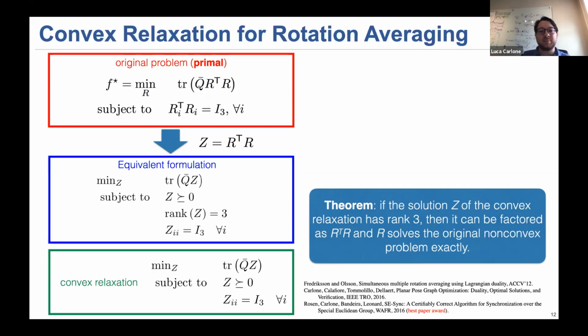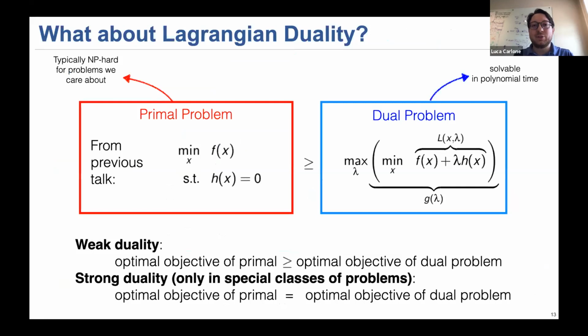So you can solve the SDP relaxation and check the rank of Z. If you get lucky and you get a rank 3 solution, you are essentially able to solve exactly the same problem. And the nice thing, which I'm going to stress in the next few slides, is that in practice you often get rank 3 solutions out of this, so the relaxation is exact.